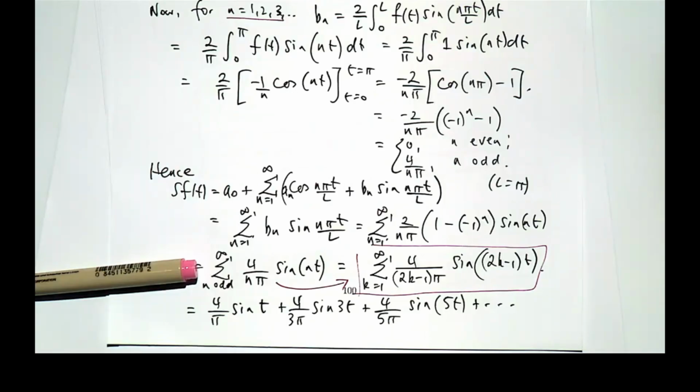So what is going on from that sum involving n odd to the other sum? What have I done? Who can explain it? Anyone on this side who can explain it to save me walking over there?